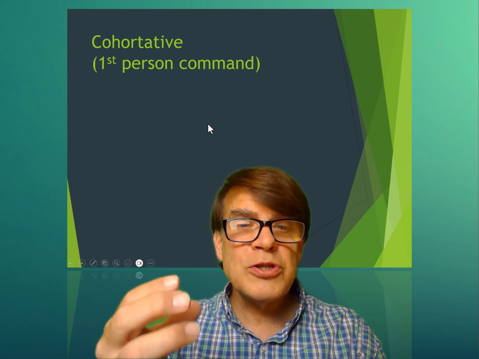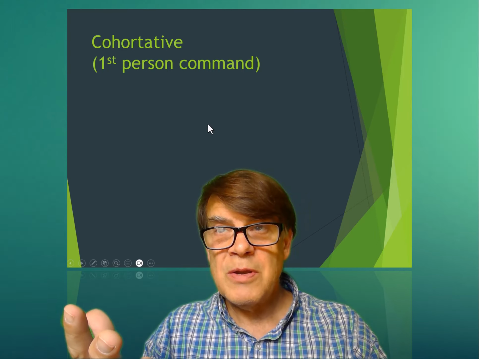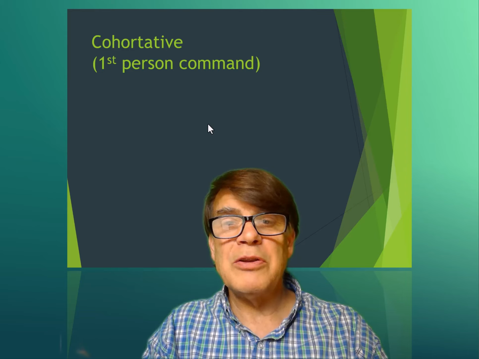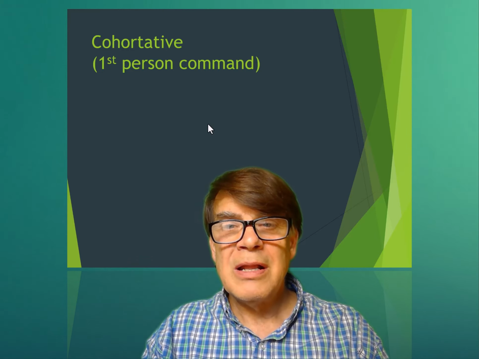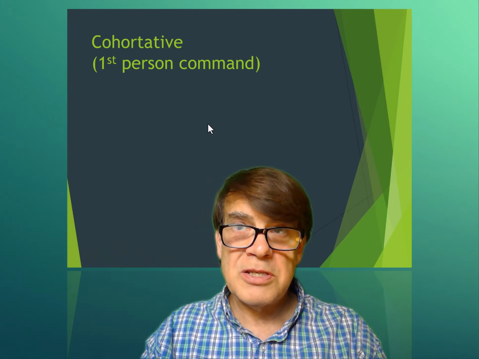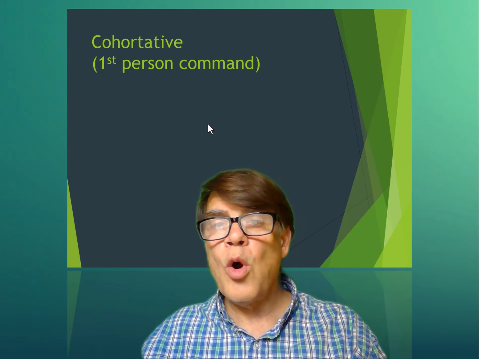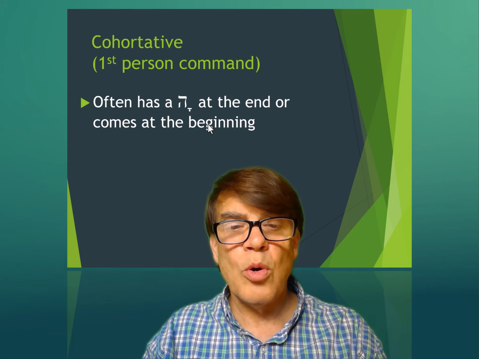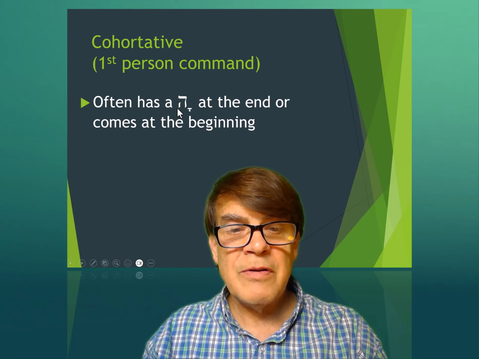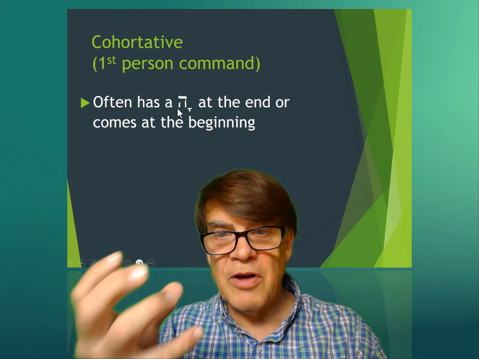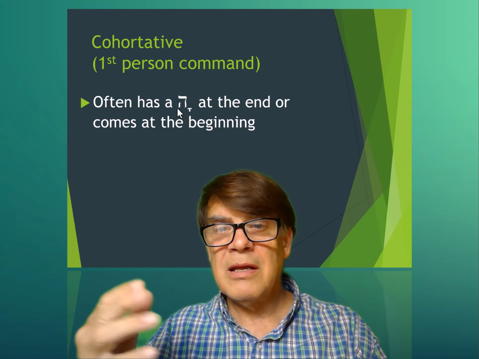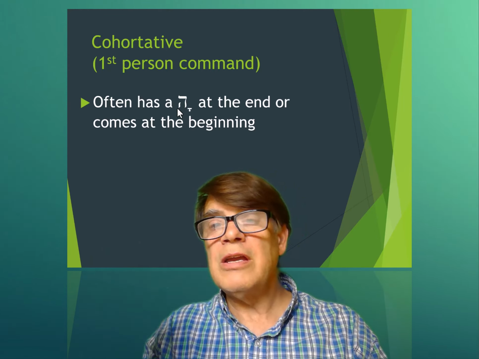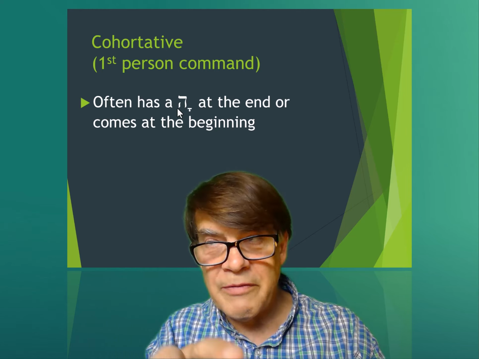You can also do a first person command, which is not really a command, right? You're telling yourself to do something, but let me do this. Let us go to Bethlehem. That's the New Testament. But basically, this is called the cohortative. It may also have a kamatz hey, the voluntative hey at the end. Let me free, from this video or whatever.